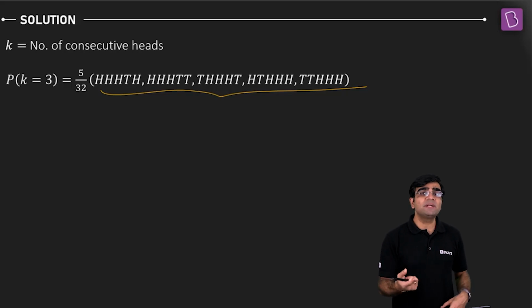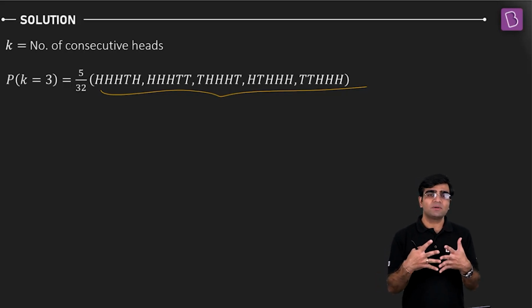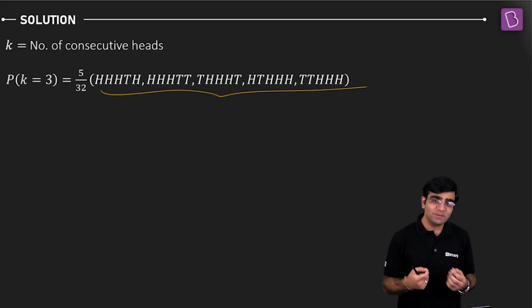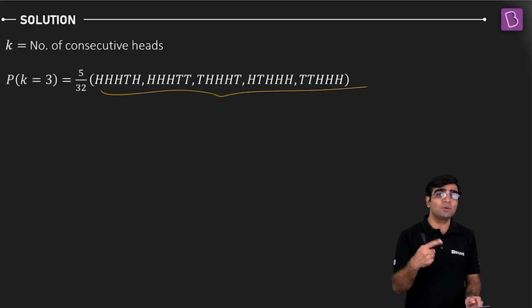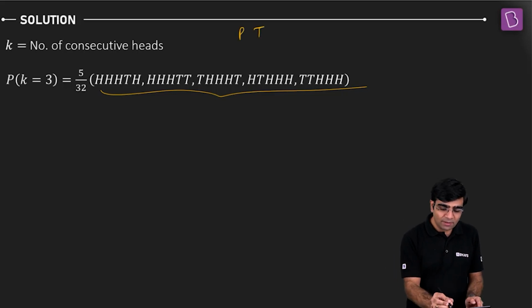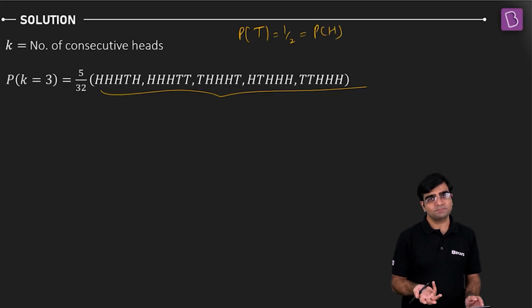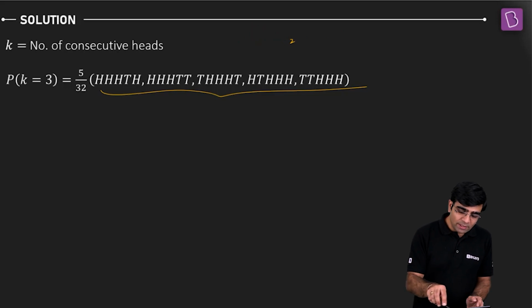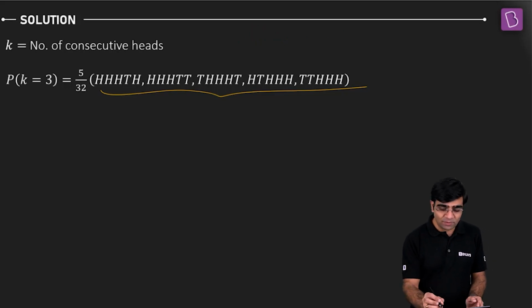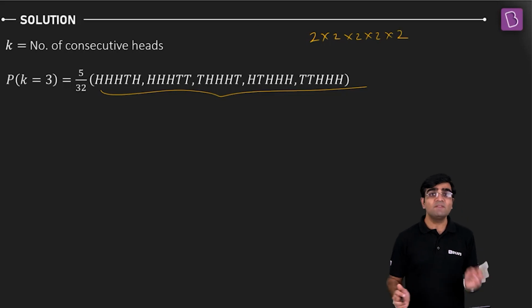Why is the sample space 32? See, 5 coins are tossed. If it's an unbiased coin, then the probability for getting a head and the probability for getting a tail are both equal to half. Pretty obvious. Now the sample space: since 5 coins are tossed, it will be 2 into 2 into 2 into 2 into 2.